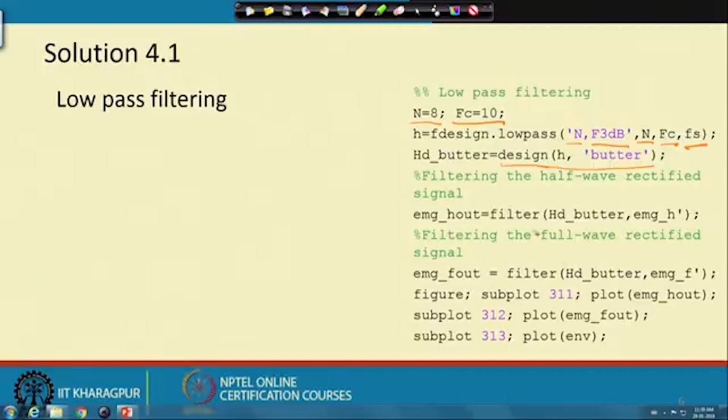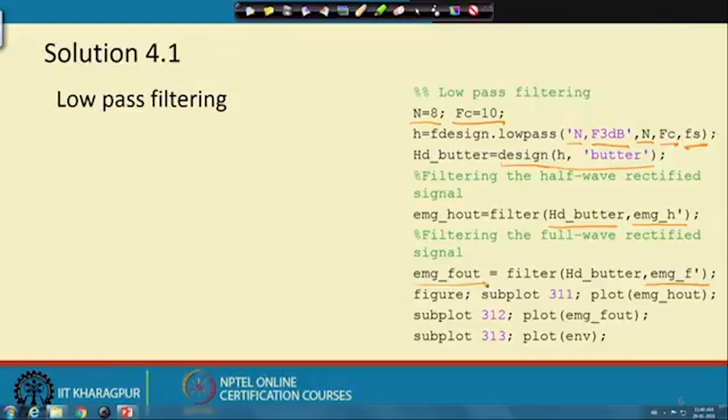First we pass the half wave rectified EMG signal through that Butterworth filter. And next we also get the filtered output of the full wave rectification using the same filter.